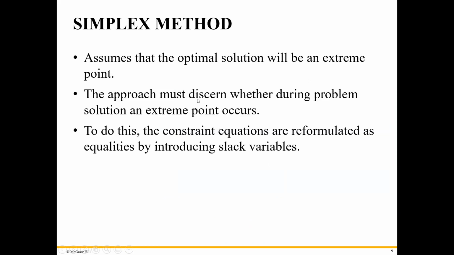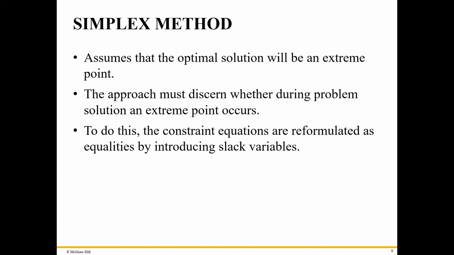The approach must discern whether during problem solution an extreme point occurs. And to do this, the constraint equations are reformulated as equalities by introducing slack variables. So in this method, which is the mathematical method, we try to employ equations.